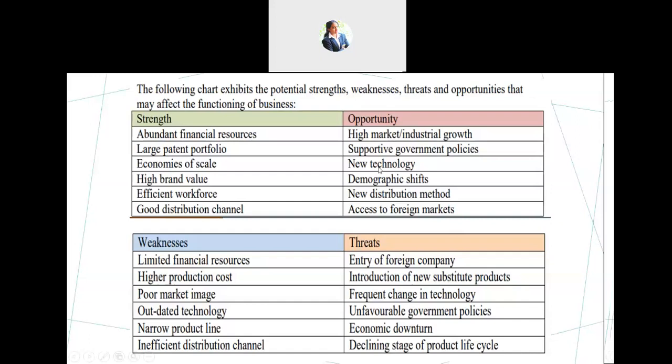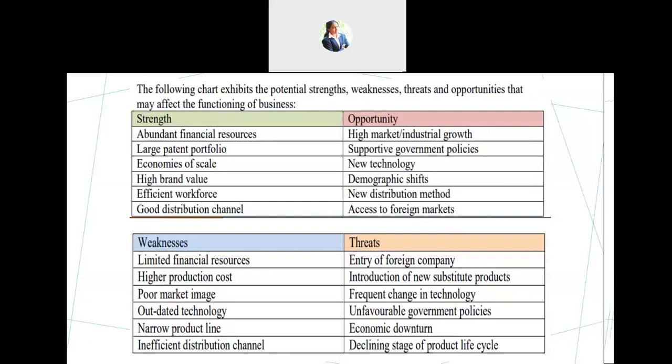Now speaking about opportunity, the industry in which the organization is situated might be having enormous growth and a huge market, and the existing government policies might be supportive enough.